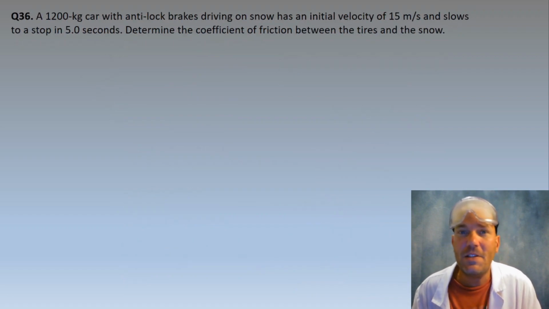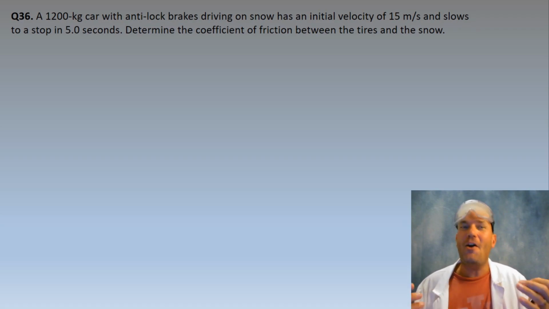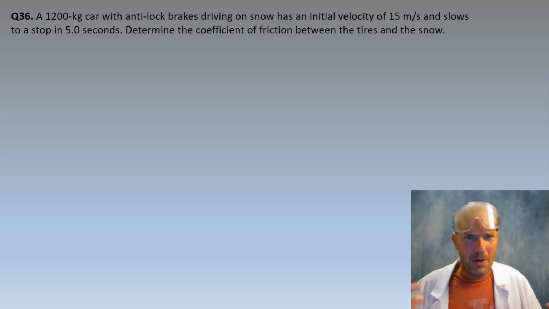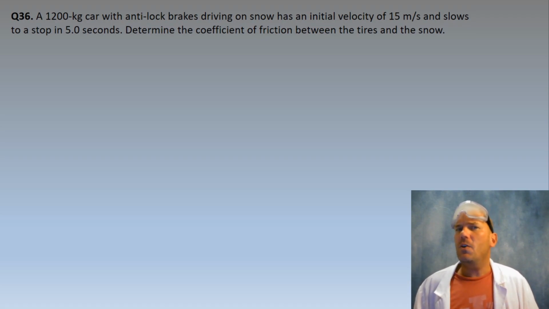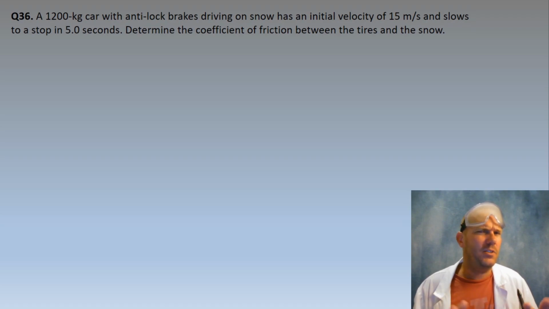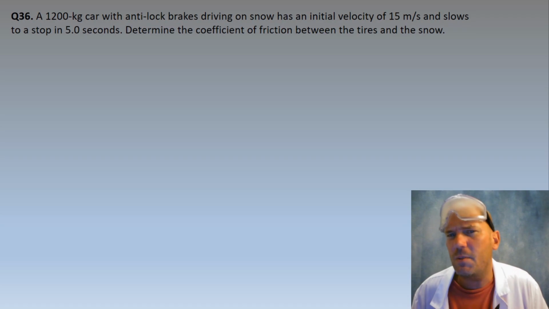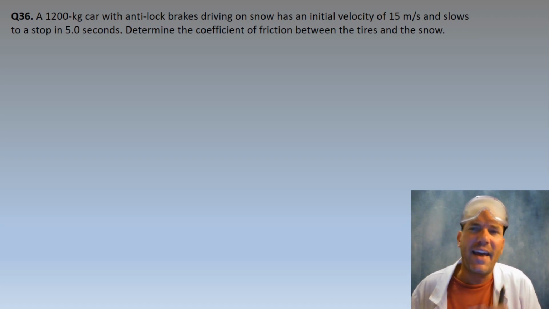Question 36. A 1,200 kilogram car with anti-lock brakes is driving on the snow with an initial velocity of 15 meters per second, and it slows to a stop in 5 seconds. Wow, this screams UAM and kinematics. Determine the coefficient of friction between the tires and the snow.